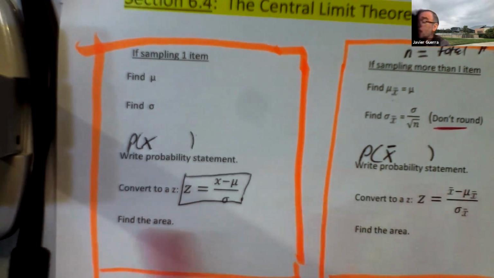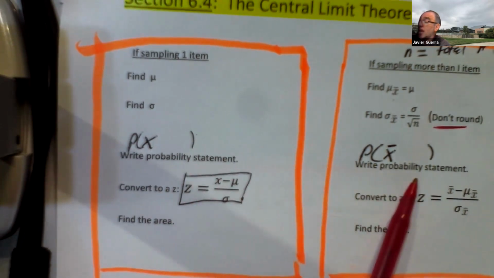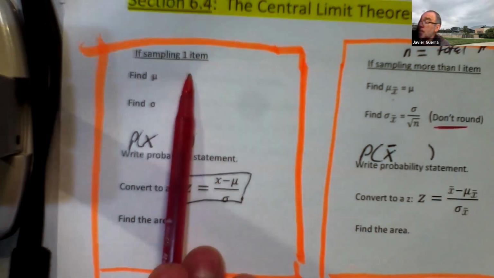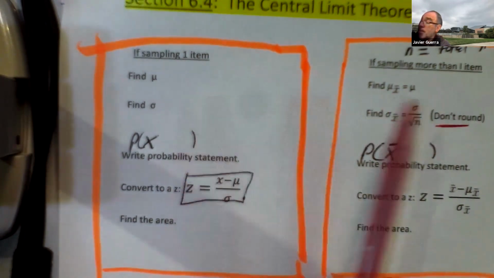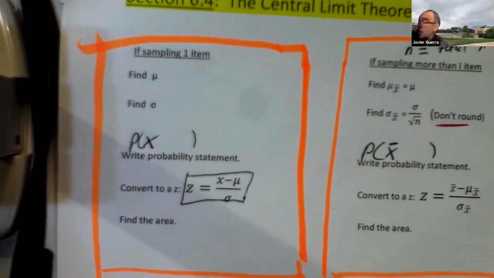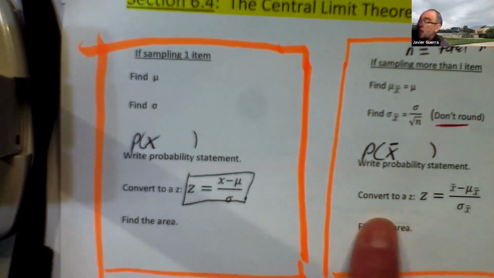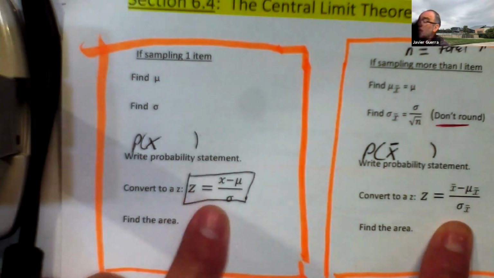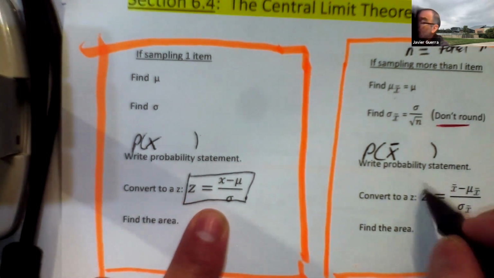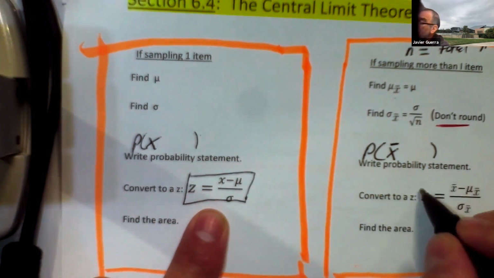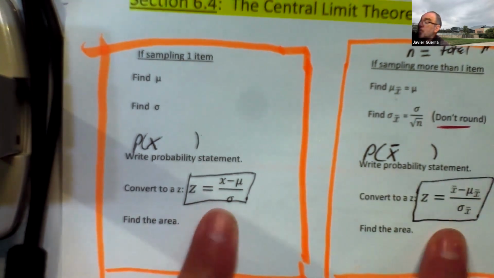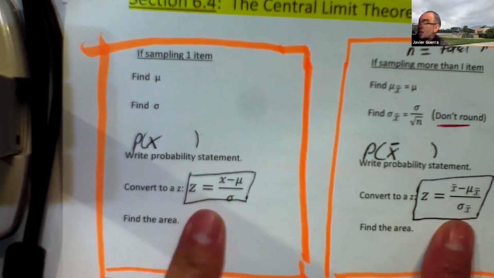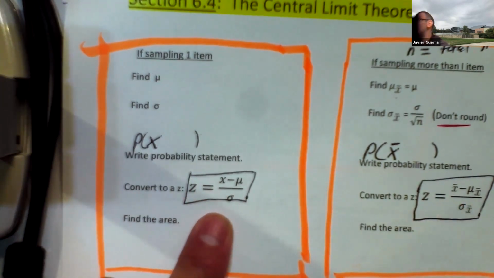So you're going to have to use these two columns to decide which one you do: the one sample or the multiple samples. One or the other, right? And of course, you guys are going to do the conversion. The formula is pretty much the same. If you don't want to learn anything new, it's pretty much the same formula. It looks kind of freaky, but it's the same.